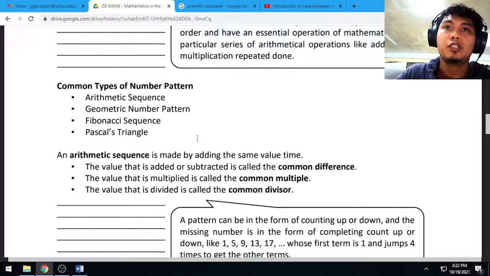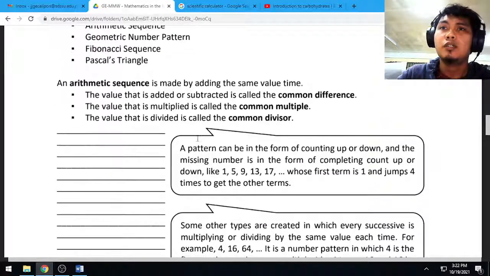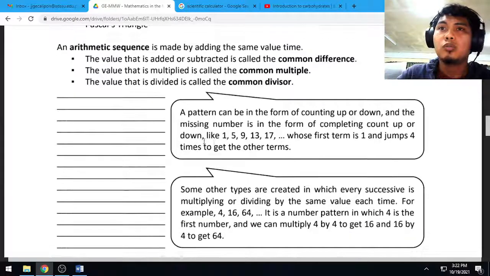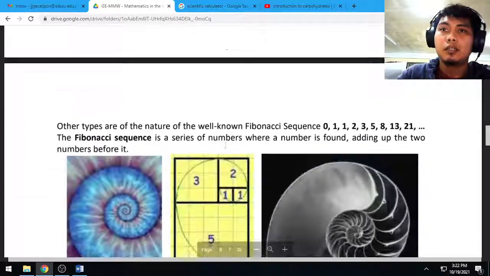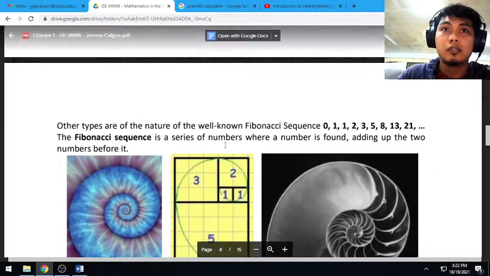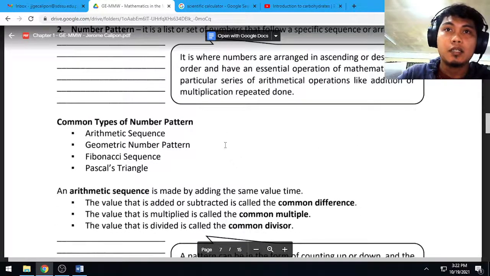Last time we talked about types of patterns. We discussed some common types of patterns in number sequences. Tinignan natin yung mga iba't ibang klaseng sequence like arithmetic sequence, geometric sequence, Fibonacci, and Pascal's triangle.